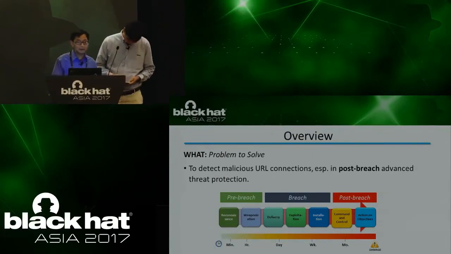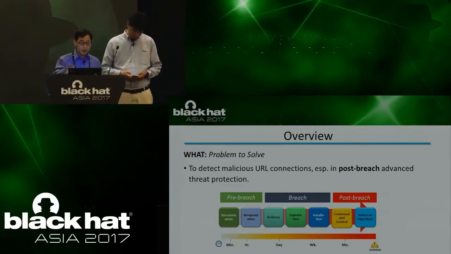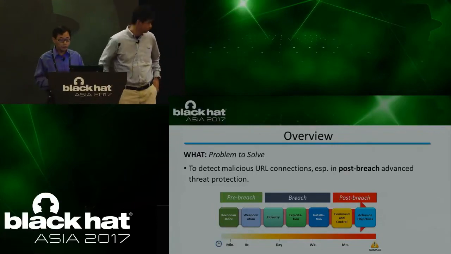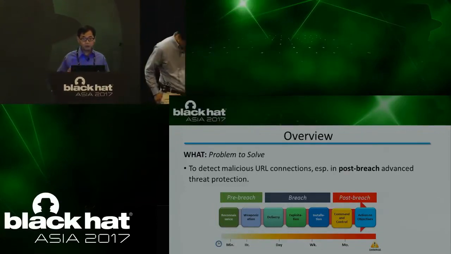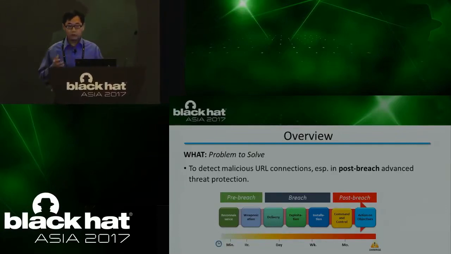For the next 30 to 40 minutes, I'm going to talk in detail about how we are using machine learning technology to address how to detect malicious URLs within your network. In your network, some hosts can be compromised, and when they carry out malicious activities, they normally make a connection to the outside.